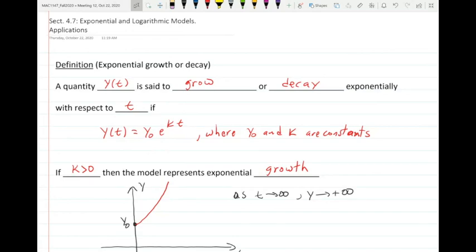The y0 is really not important, that's just the initial quantity. So what happens if k is negative? That was the little example that I was writing. Say you have a negative 2. This is really 1 over e squared to the t. So this right here will be a base between 0 and 1, because this is less than 1. That's why you get decay. Oh, okay. Got it. Thank you. Yeah, that negative k is the one that makes the base less than 1.